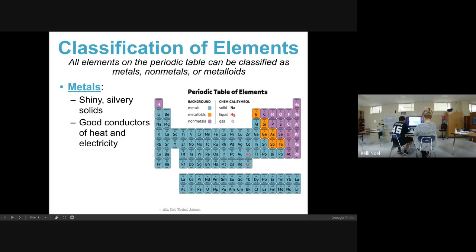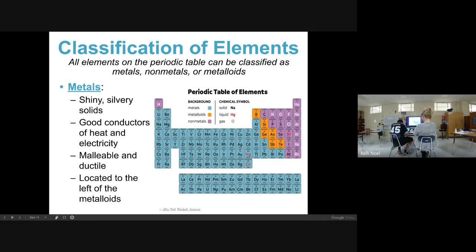Metals are shiny, tend to be silvery and solid. They are very soft solids over here, and they become harder solids as you move to the right. They're good conductors of heat and electricity. Malleable means you can hammer them into shape. Ductile means you can draw them into thin wires.